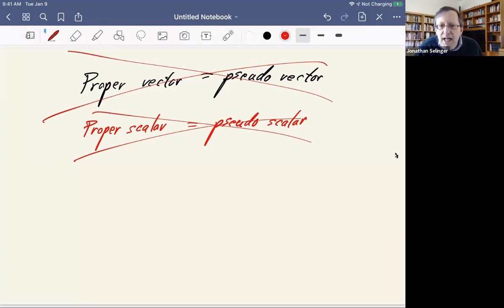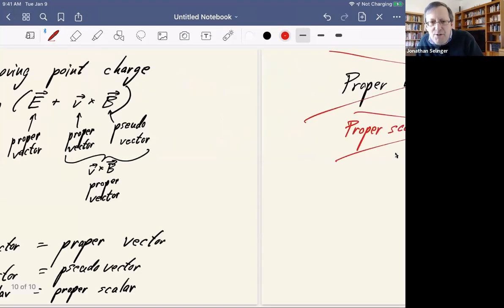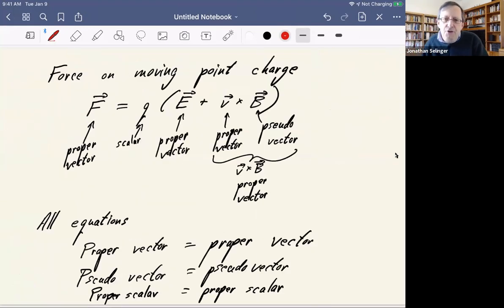Because the equation might be true with one choice of the right-hand rule, but it wouldn't be true if you choose the left-hand rule, right? Because one side of the equation would change sign and the other one wouldn't. But as long as you have proper equals proper or pseudo equals pseudo, no problem. If it's proper equals proper, if you switch which hand you use, everything stays the same. If it's pseudo equals pseudo, and you switch which hand you use, everything changes sign. Either way, you're okay, right?